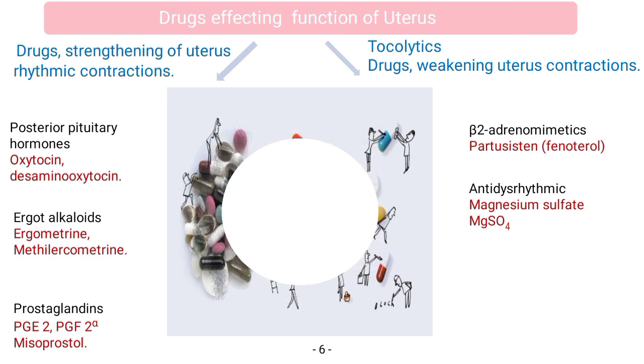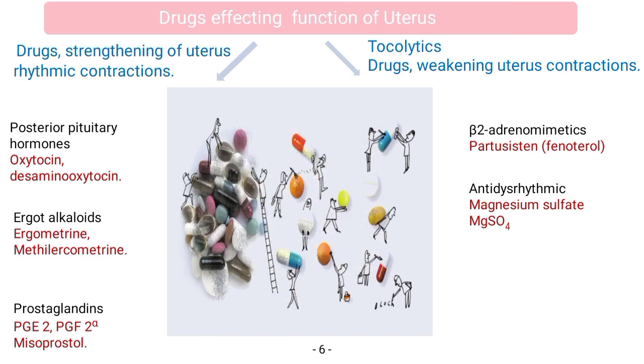So here we have the drugs that affect the function of the uterus. We have two kinds of these drugs: the drugs that strengthen the contraction of the uterus and the drugs that weaken the contraction of the uterus. The drugs that strengthen the contraction of the uterus include oxytocin and desamino-oxytocin, ergometrine and methylergometrine, and prostaglandin E2 and prostaglandin F2 alpha and misoprostol.